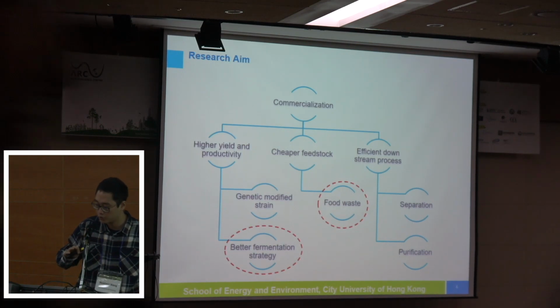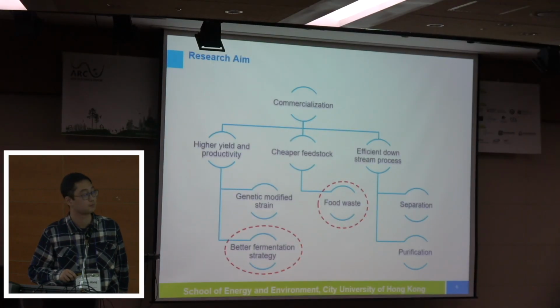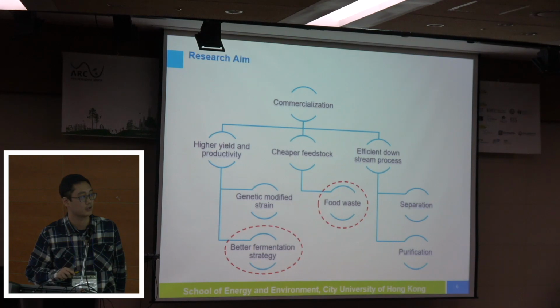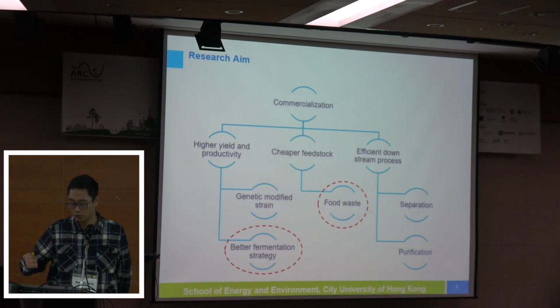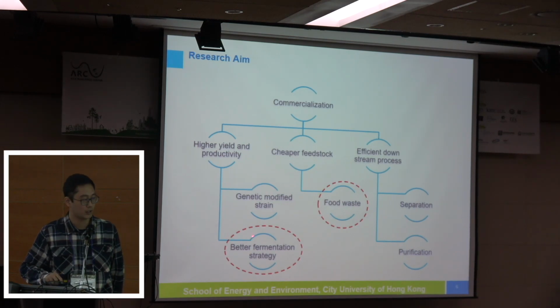If we want to commercialize this kind of technology, we have three main focuses. First, we want to raise the yield and the productivity. By doing this, we have two options. First, we can have a genetically modified strain, which will increase the selectivity or enhance the productivity. Another way is to find a better fermentation strategy.